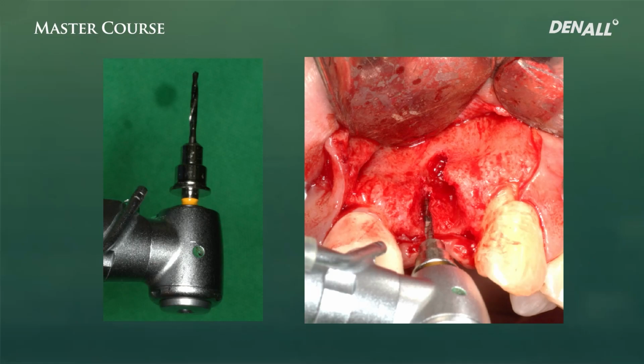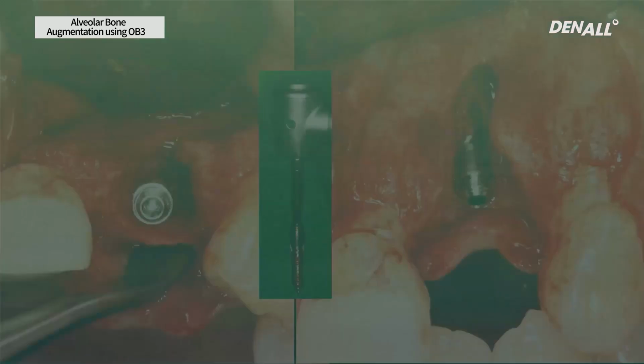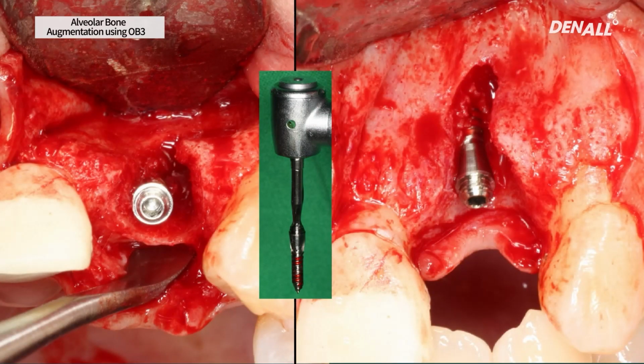The drilling is done on sound bone to get primary stability. You don't have to drill full depth. The tip of the tenting screw is very sharp and designed for self-tapping, so drilling is to mark a point. A tenting screw is placed.